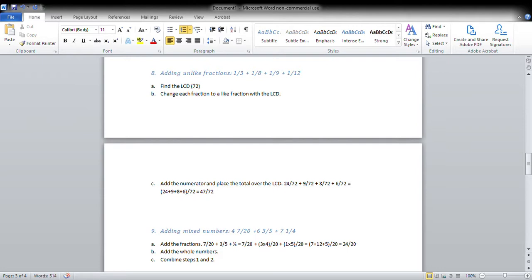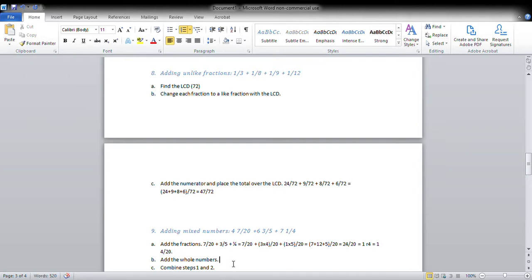Which is also, again, how many times does 20 go into 24? 1, remainder 4. So that means that the ultimate answer here is 1 4/20. Now we add the whole numbers.